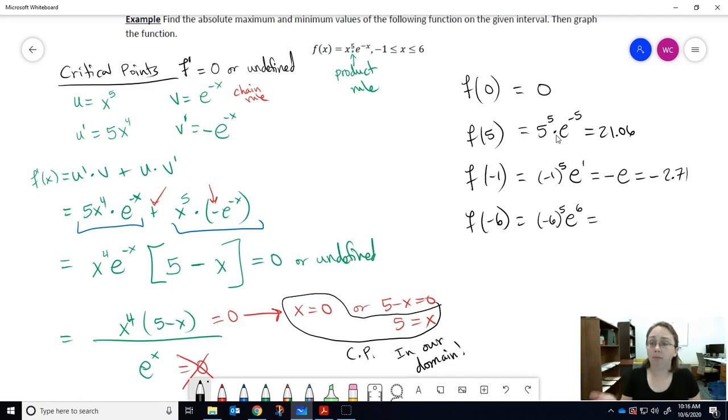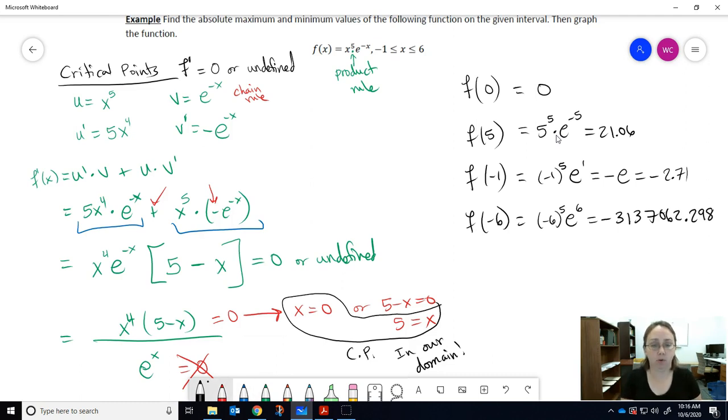Because it's an odd power, I know it's going to be negative, so I can do that separately, but just warning you, include the negative in your power. Times e to the 6th power. So write that number down: negative 3137062.298. That's a big number.